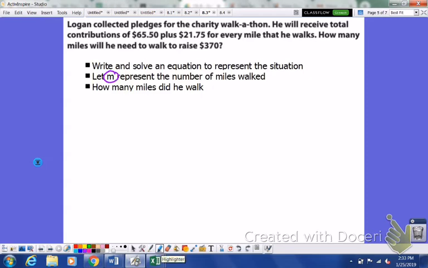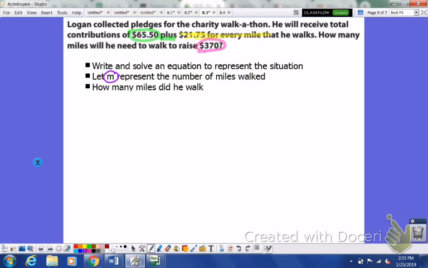Okay, well, if we go back up to the top, he received $65.50 plus $21.75 for every mile. So think of this as per mile. So that's going to be our multiplication. How many miles will he need to walk in order to raise $370? So there's your total.